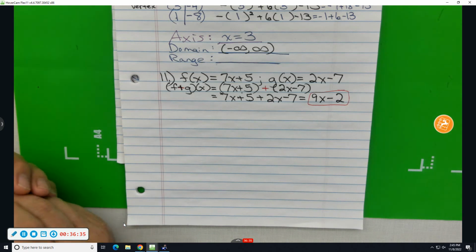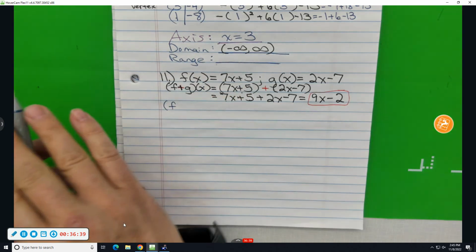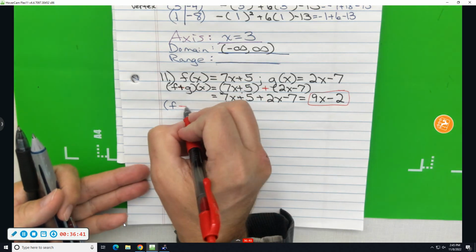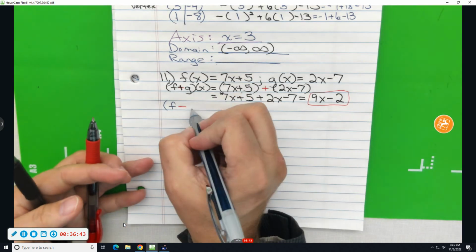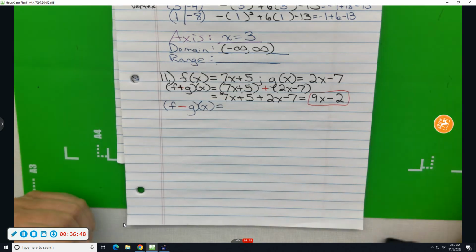Then they want us to find f minus g. Subtraction of functions is just algebraic subtraction.